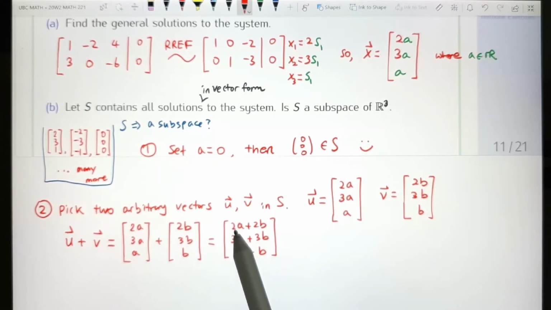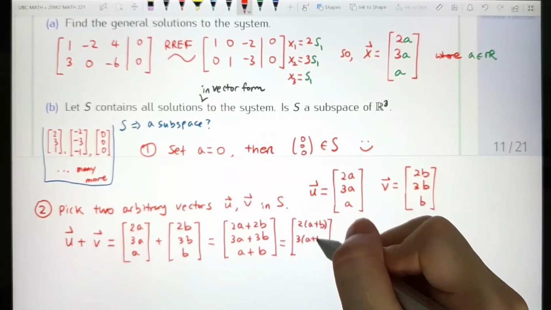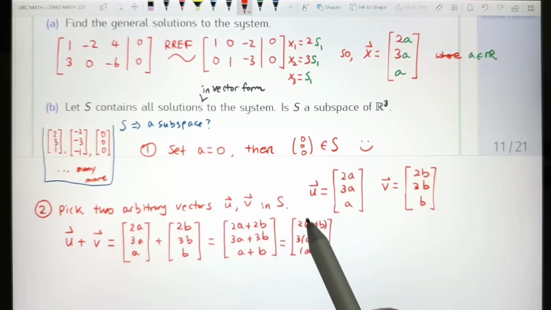Now, I need to take out the common factor 2, and the common factor 3. Look at this carefully, everyone. We have 2 times (a plus b).